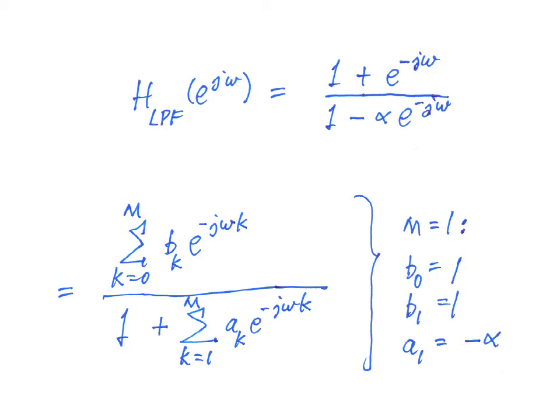In this case, b0, that's a term that scales x of n, it's equal to 1. b1 is a term that scaled x of n minus 1, that's also equal to 1. And that gives us a numerator expression, 1 plus e to the minus j omega. And then in the denominator, a0 is always equal to 1, that's that 1 plus term, followed by a summation of a sub k's. Because we have a1 equal to negative alpha, the second term subtracts from that 1.